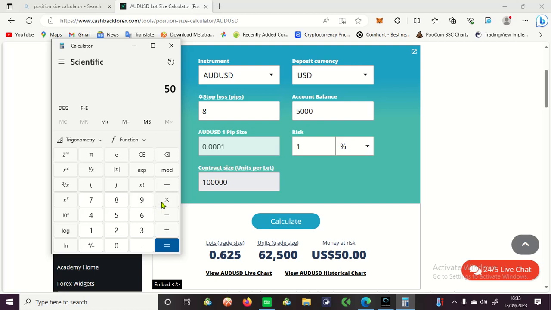Then what we do is 50 multiplied by 6. It gives 300. You lose 300 in a week. Each trade you take, you lose 50, and out of 10, you lose 6 trades, and your losses end at $300.